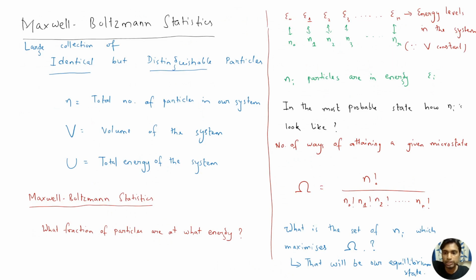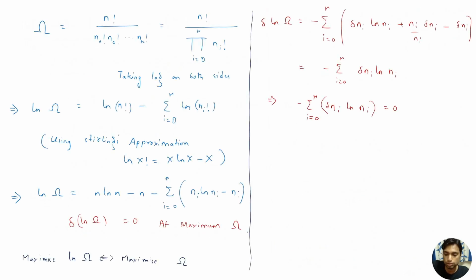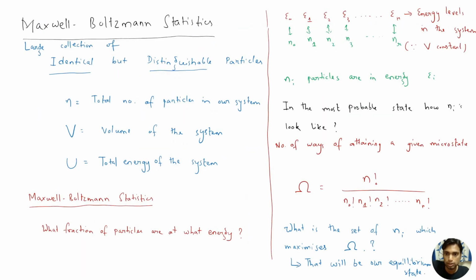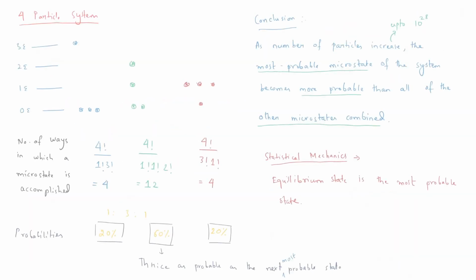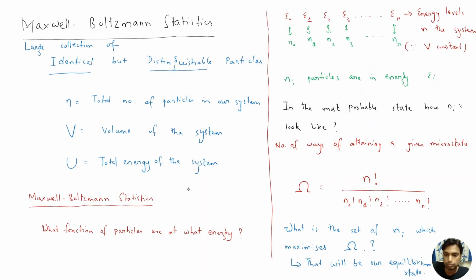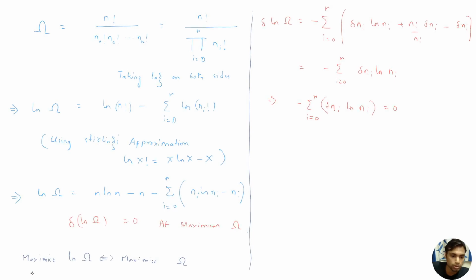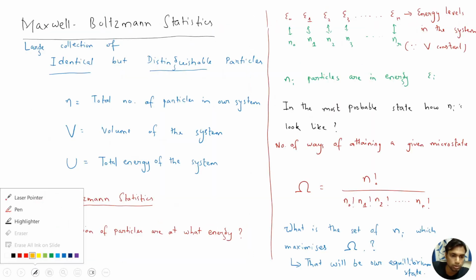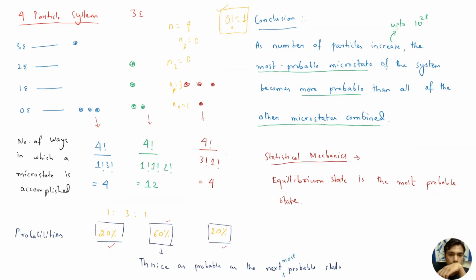So the number of ways in which a given microstate can be obtained, if you look at this example, is 4 factorial divided by N0 factorial, N1 factorial, and then here it is 0 factorial, 0 factorial.